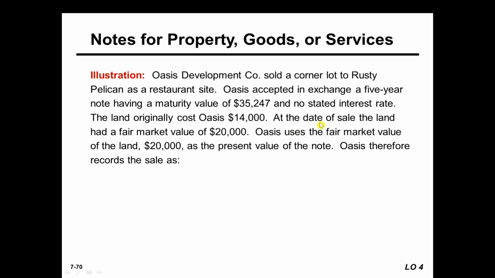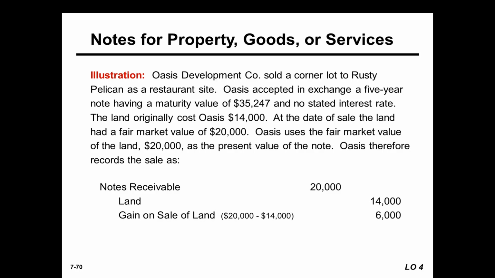So Oasis used the fair market value of the land, 20,000, as the present value of the note. Oasis therefore records the sale as notes receivable 20,000, land 14,000, and gain from the sale of the land of 6,000.